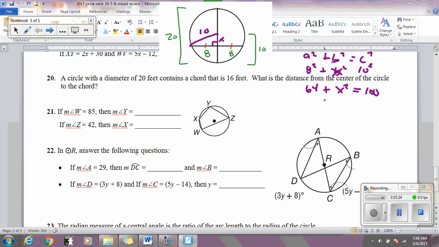So I have to subtract to get x squared by itself. So x squared is going to equal 36. And then I have to take the square root of both sides. So x is equal to 6. So in other words, the distance from the center to the chord is 6 feet.